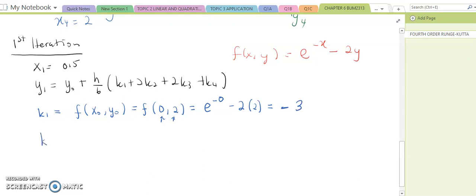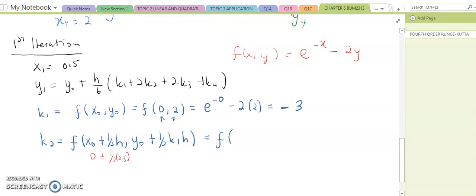Okay, next, you need to find the k2 value. The formula for k2 is f of x0 plus half h, comma, y0 plus half k1h. We know that x0 is 0 plus half of h, which is 0.5, so 0 plus half times 0.5 is 0.25.